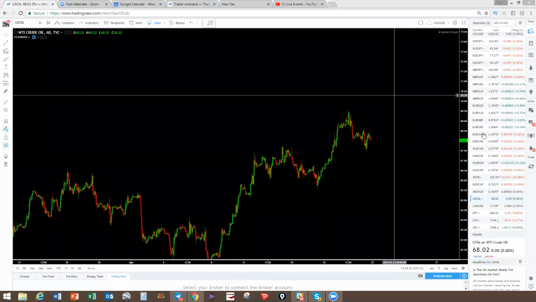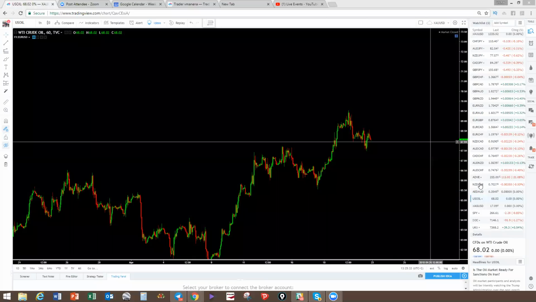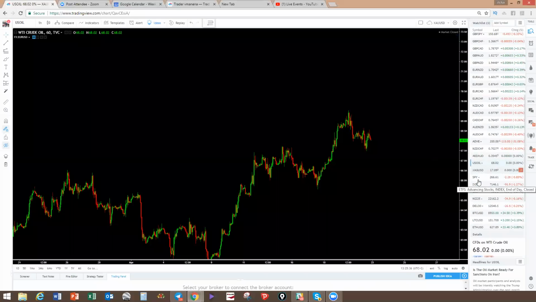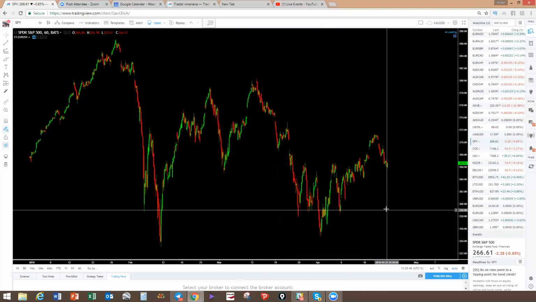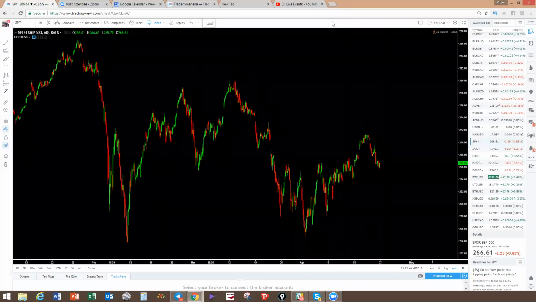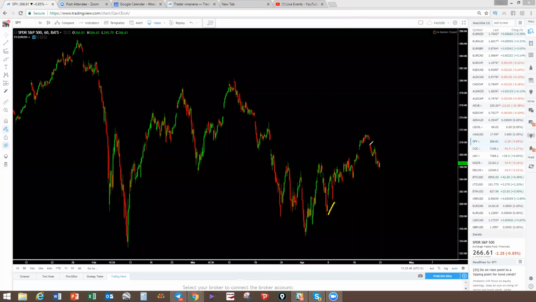Okay, so that's oil. Looking at the indices now, S&P 500. S&P 500 showed you that this needs to break to the downside. You've got your break. Because all the indices, as I said last week, were in these apparent looking V patterns here.